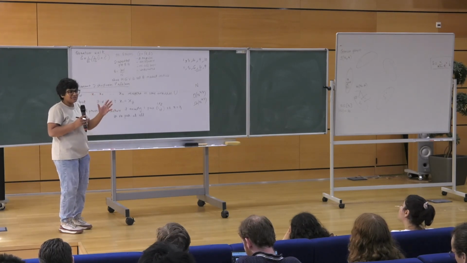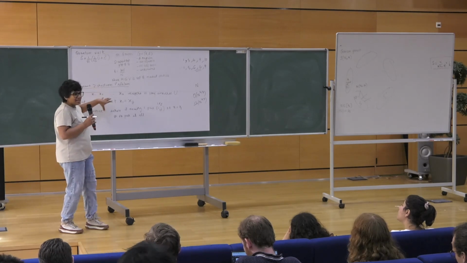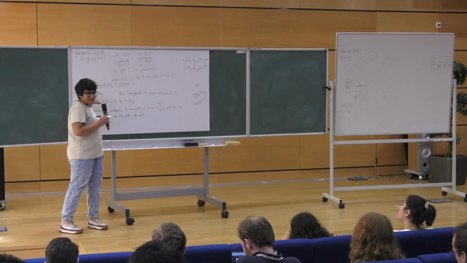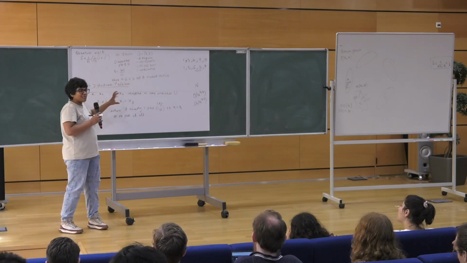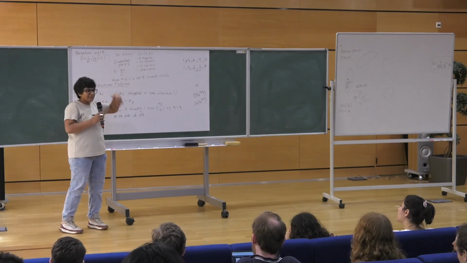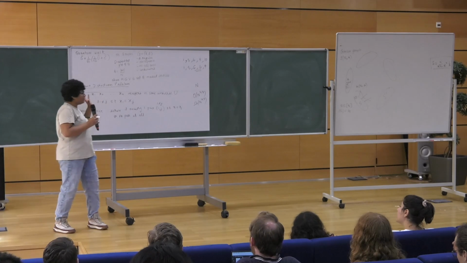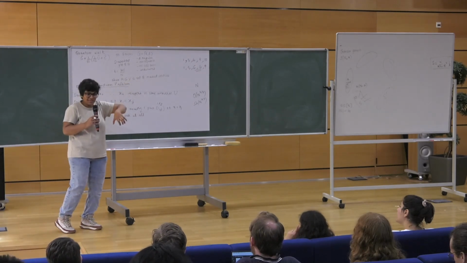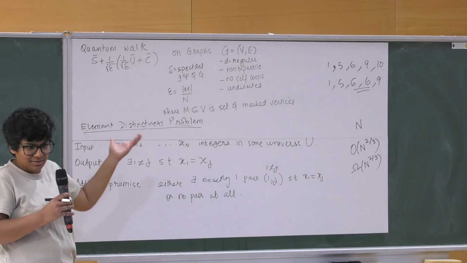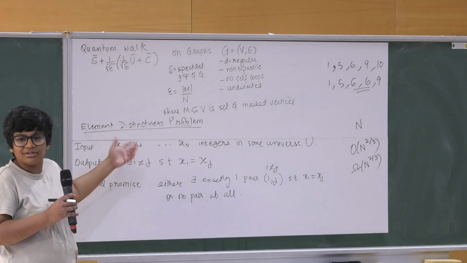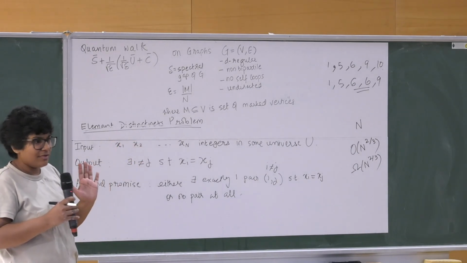Then I would run element distinctness not on the entire x1 up to xn, but smartly on smaller subsets, and then try to combine solutions of these smaller subsets and find whether the yes instance or the no instance is there. That's what we're going to try and do.